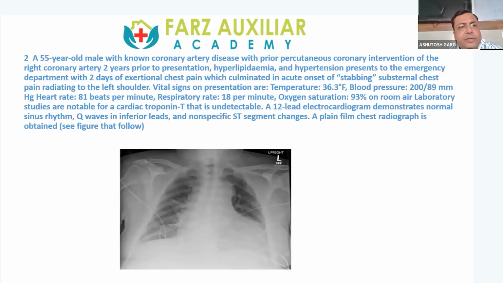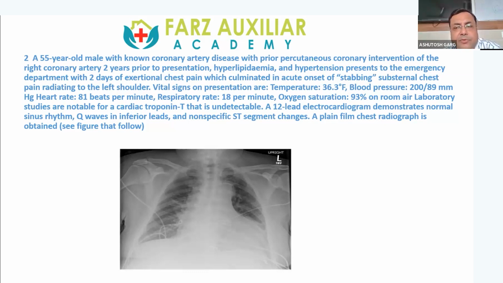Then second question, a 55-year-old male with known coronary artery disease with prior PCI to the right coronary artery 2 years prior to presentation, hyperlipidemia and hypertension, presents to the emergency department with 2 days of exertional chest pain which culminated in acute onset of stabbing substernal chest pain radiating to the left shoulder.